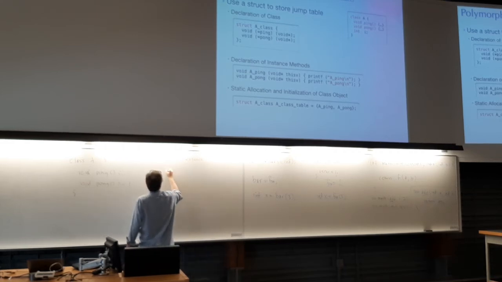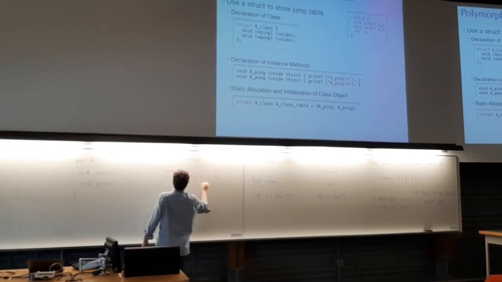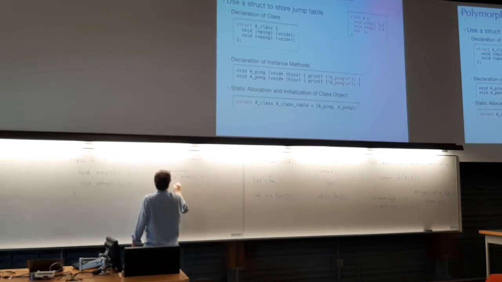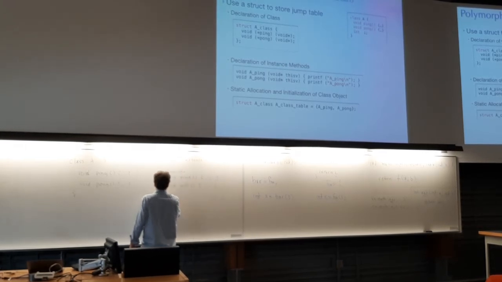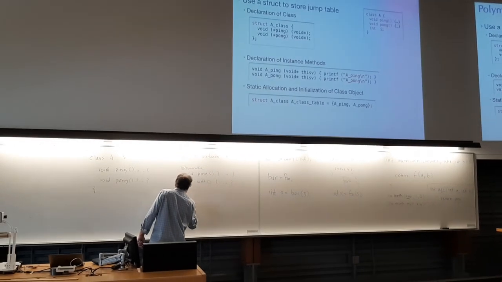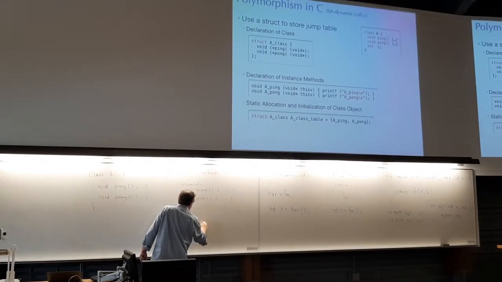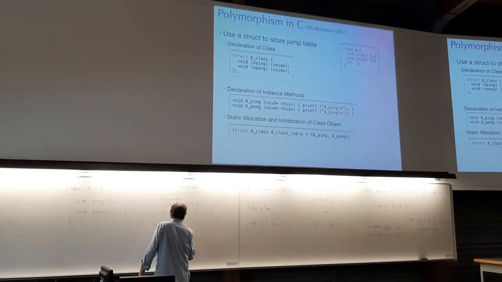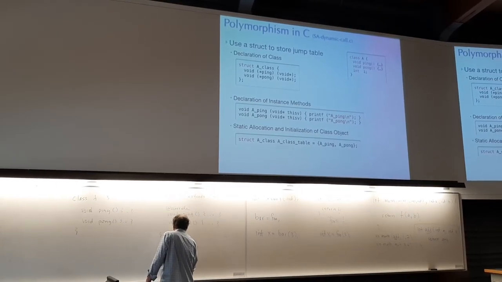that overrides ping with its own implementation. And add the new method called, or with, sorry. And then some function foo that takes a parameter whose parent type is A, and calls ping.